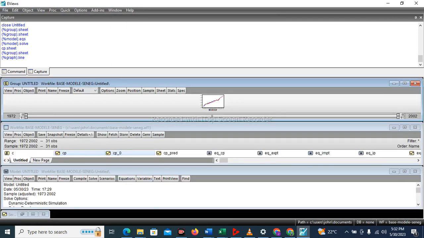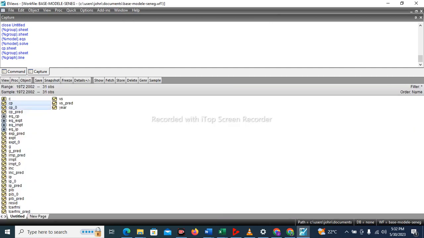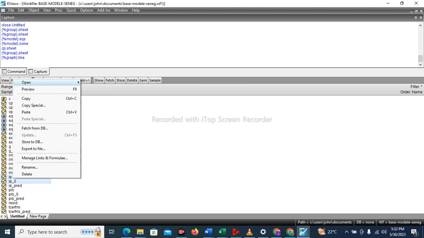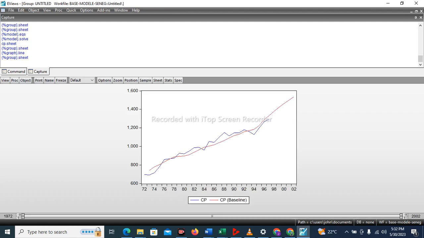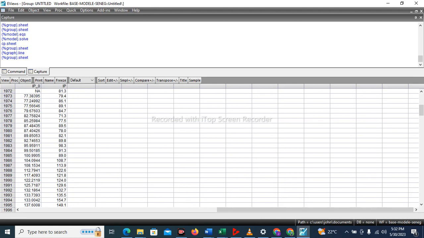Let's look at private investment. Here, the baseline solution and the original data. Let's look at how good it was at predicting. There it is. We need to view this as a graph.